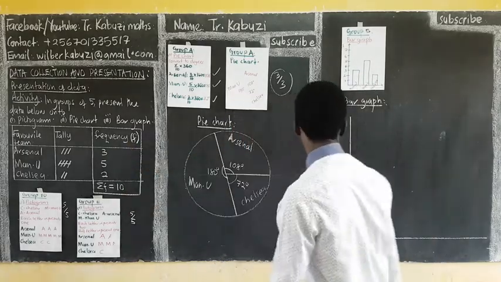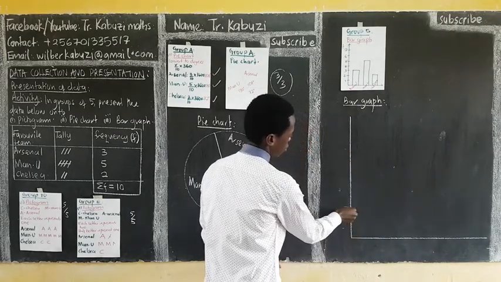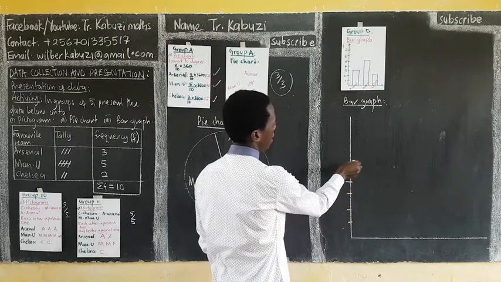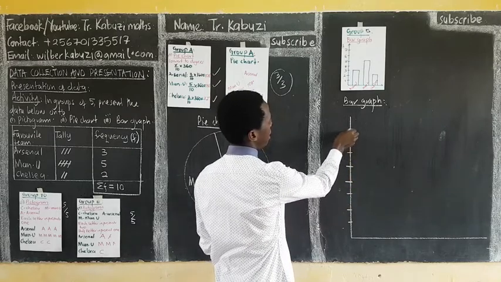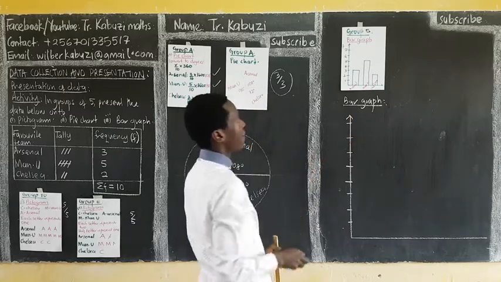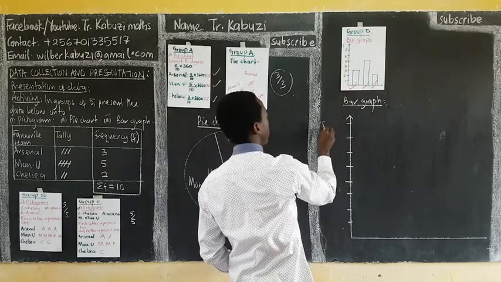So I can try to use 1, 1. So I say this is 1, 2, 3, 4, 5, 6, 7, 8. Now this axis, you name it, and whenever you're doing a bar graph, this one is frequency.